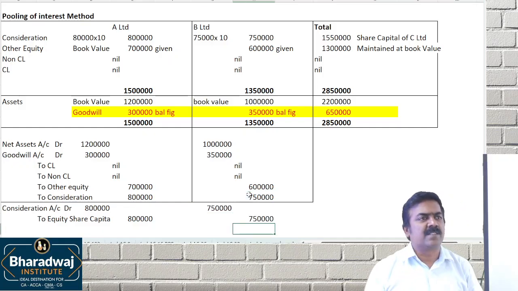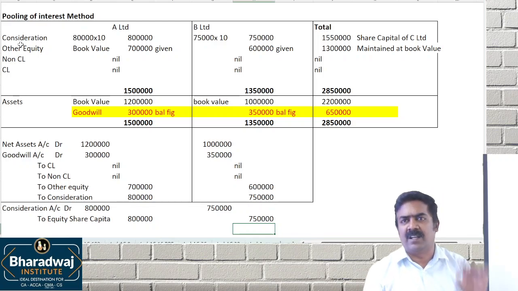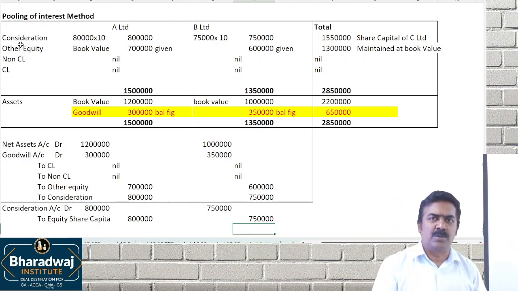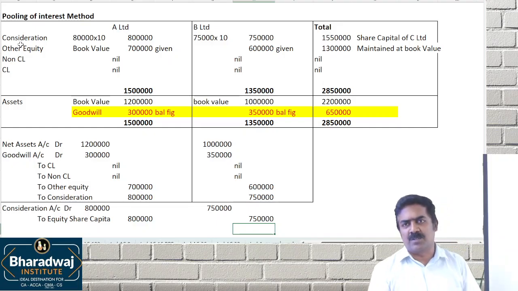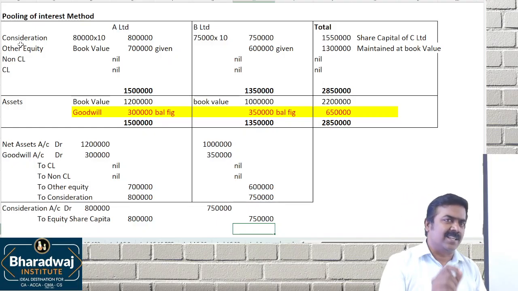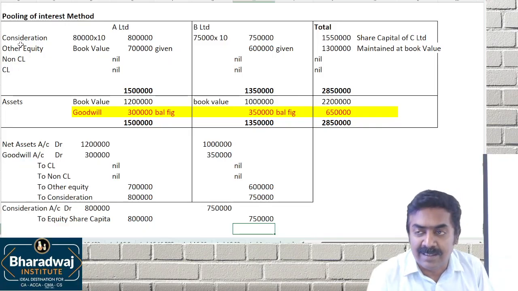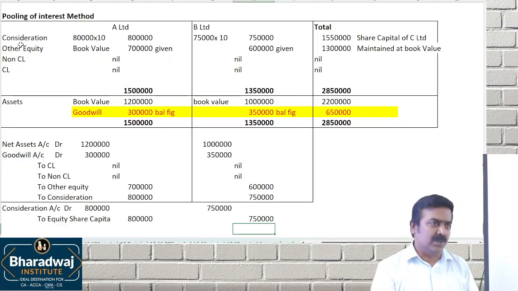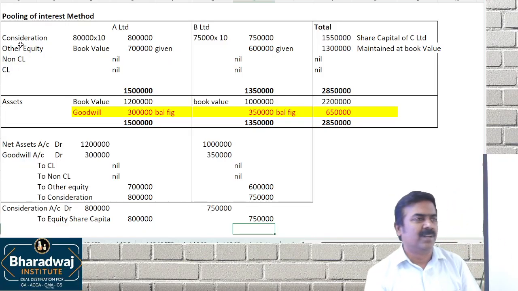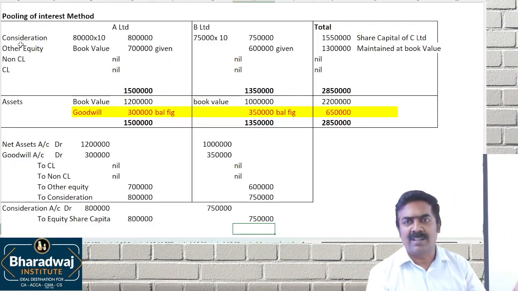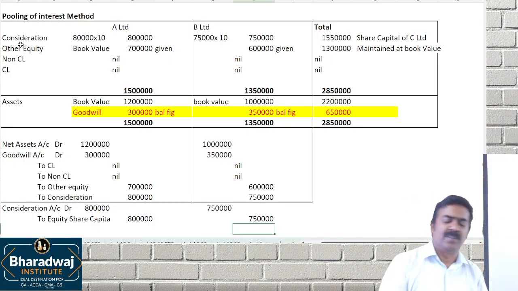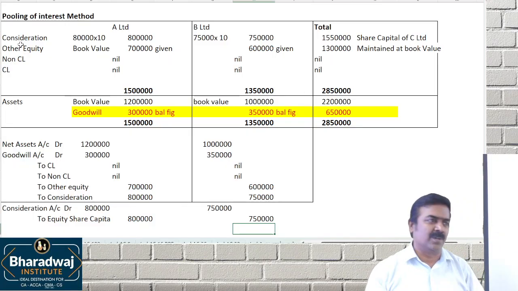What is the main difference? Record the assets and liabilities at what value? Old carrying amount. Number two, reserves of the companies also will be taken over. Consideration will be recorded at what value? Nominal face value, par value. The resultant balancing will be taken as what? Goodwill or capital reserve. That is the difference between the others and this one.